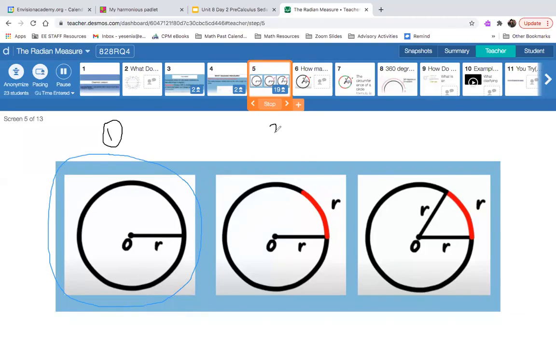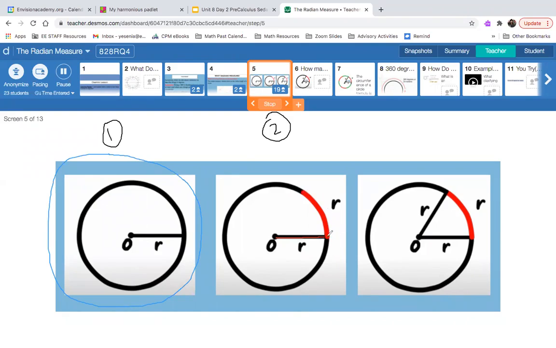Okay, now step 2. This is what we do next, everyone. Imagine that you take this radius length R and color it in red. You take this length and drape it along right here.